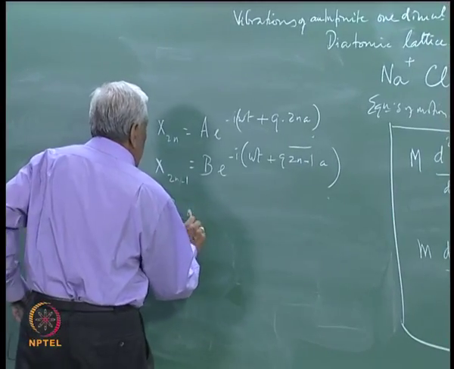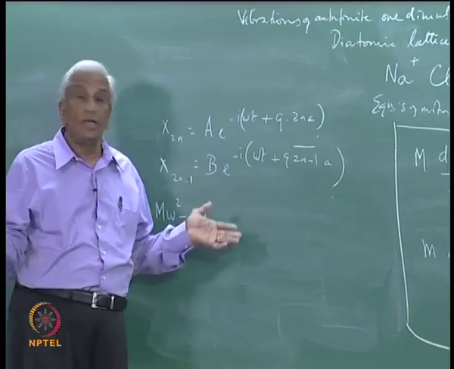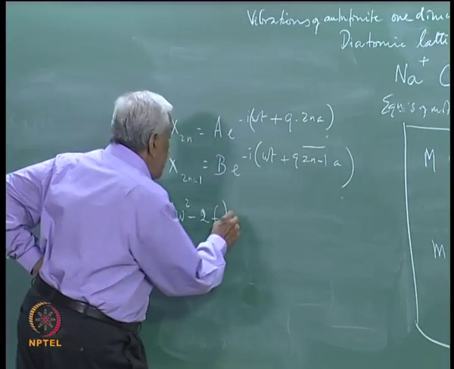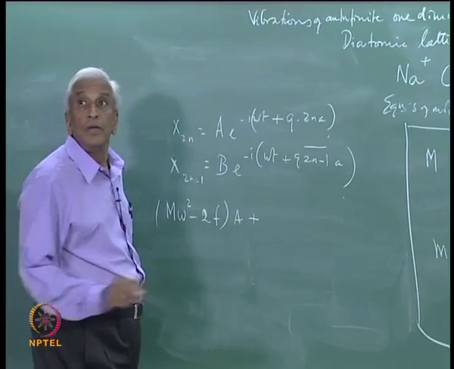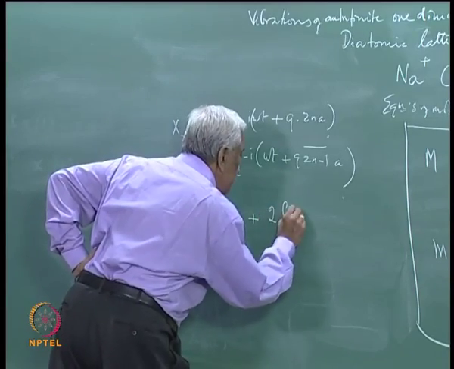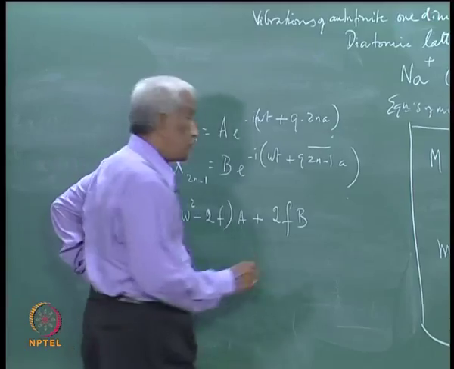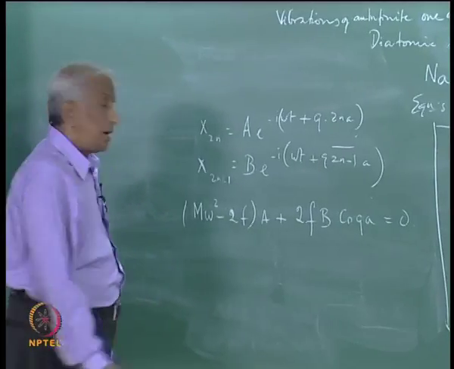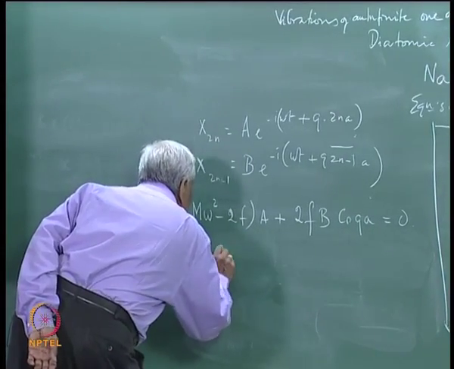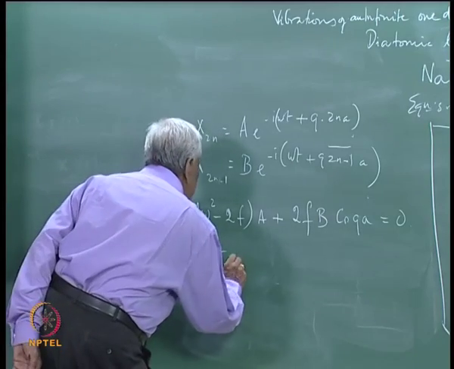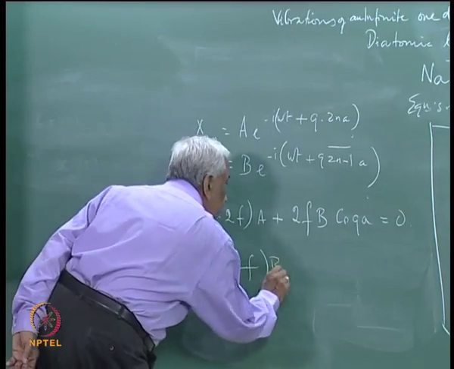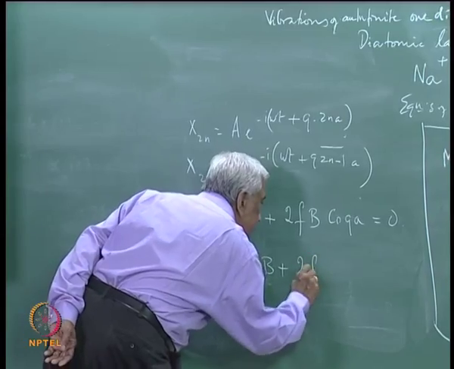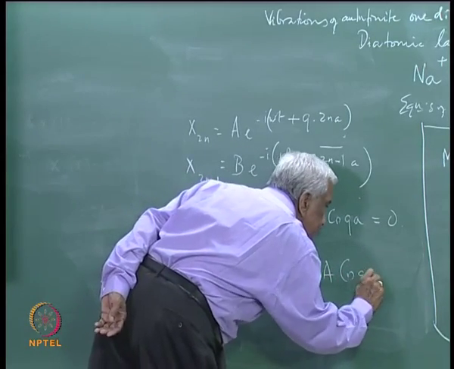Substituting this in the equation of motion and doing the differentiation etc., we arrive at a determinantal solution, which is the solution for the resulting simultaneous equations. So, this times a plus 2f b cos q a equals 0, and similarly m omega squared minus 2f b plus 2f a cos q a equals 0.